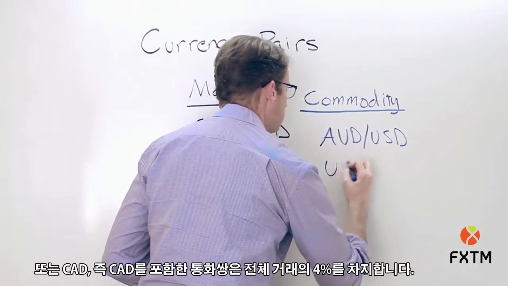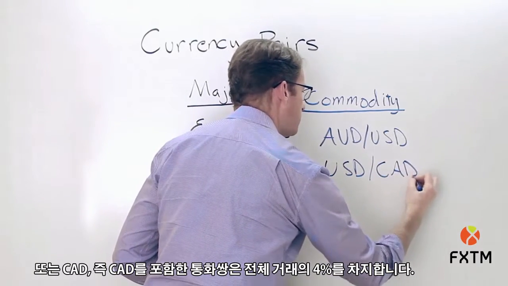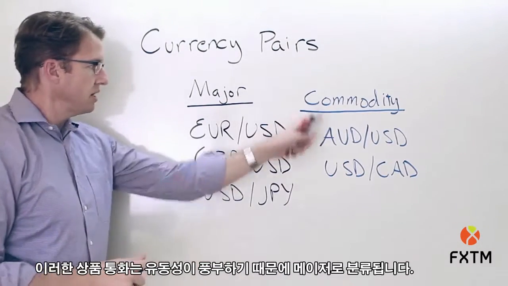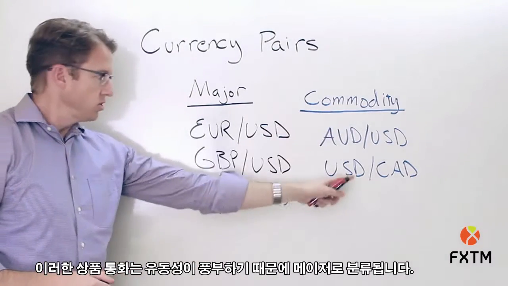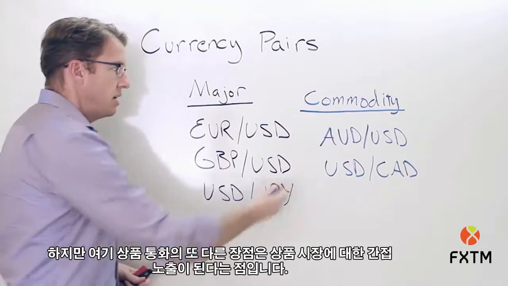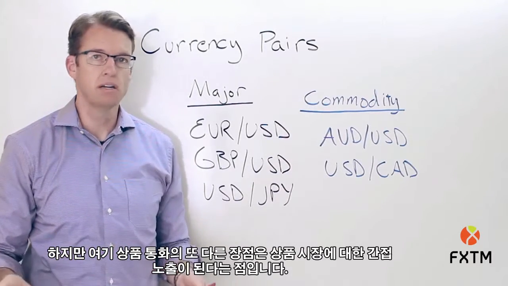Or the Canadian dollar: currency pairs with the Canadian dollar in them are a little over 4% of total trading out there. So commodity currencies would certainly fall into the category of a major because they're nice and liquid. But the other advantage that we get here is that we have indirect exposure to the commodity market.